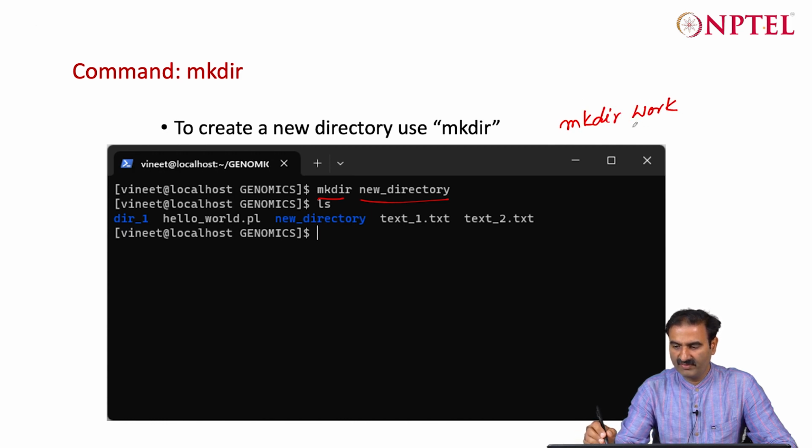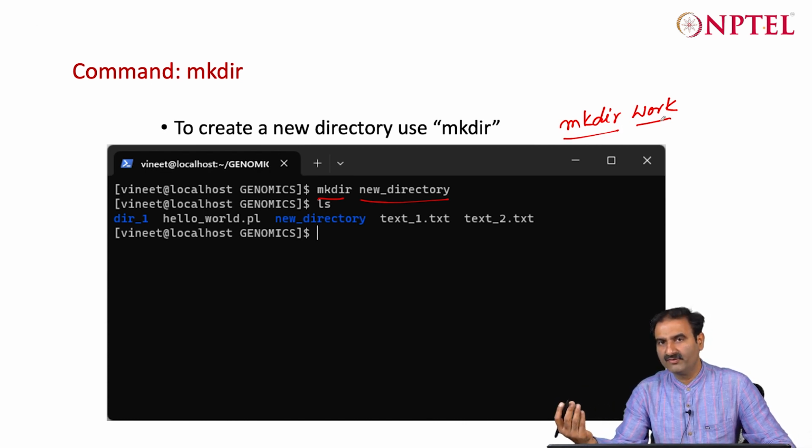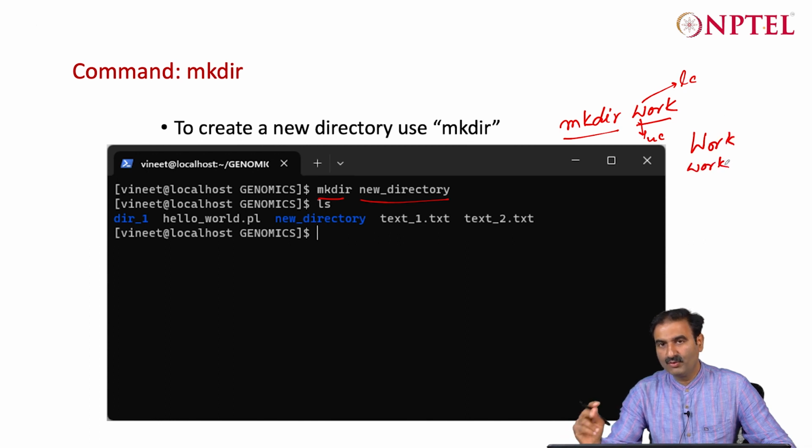all case sensitive, all small possibly. Commands are always in lowercase, but file names and folder names can be in uppercase also. But if I put that in uppercase, like W is capital, then basically W capital and W lowercase, uppercase and lowercase, so Work and work will be 2 different folders.